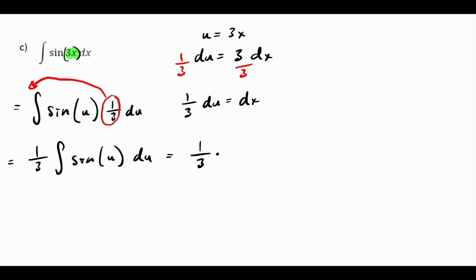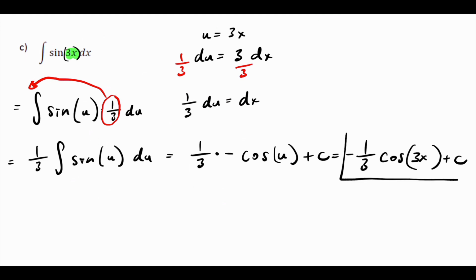So it's 1/3 times negative cosine of u plus c. You can move the negative to the front: negative 1/3 cosine. U is 3x, so I'm going to put back the 3x and put the c. And you are done.